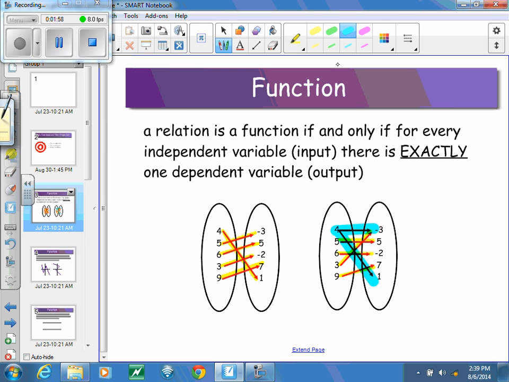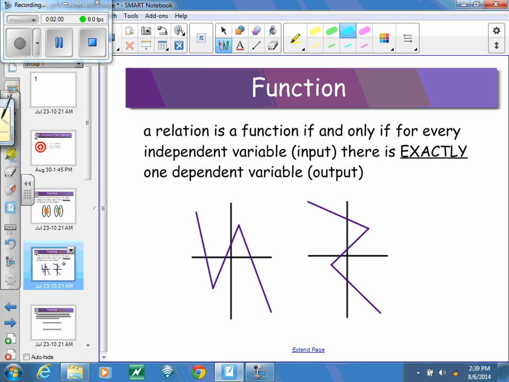If we take a look at a function as a graph, here you're again looking for each input to have exactly one output. And you'll remember that what you probably used in Algebra 1 and 2 is something called the vertical line test.